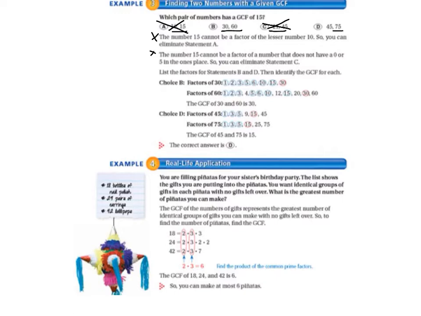And the greatest common factor here is 15. So the greatest common factor of 45 and 75 is 15, and that's what we're looking for up here in the question. So the correct answer is D.